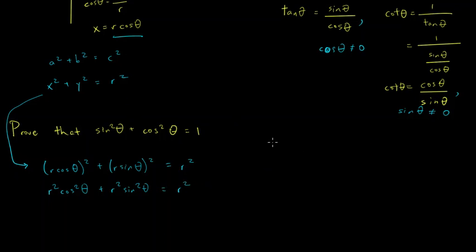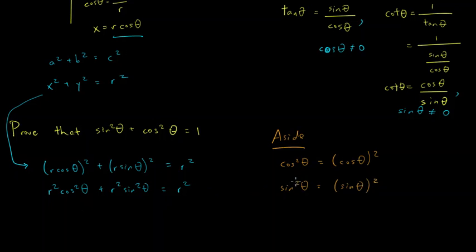Let's just do a side note. This may be kind of odd, but cos squared theta is actually the same as cos theta squared, and sine squared theta is actually sine theta squared.